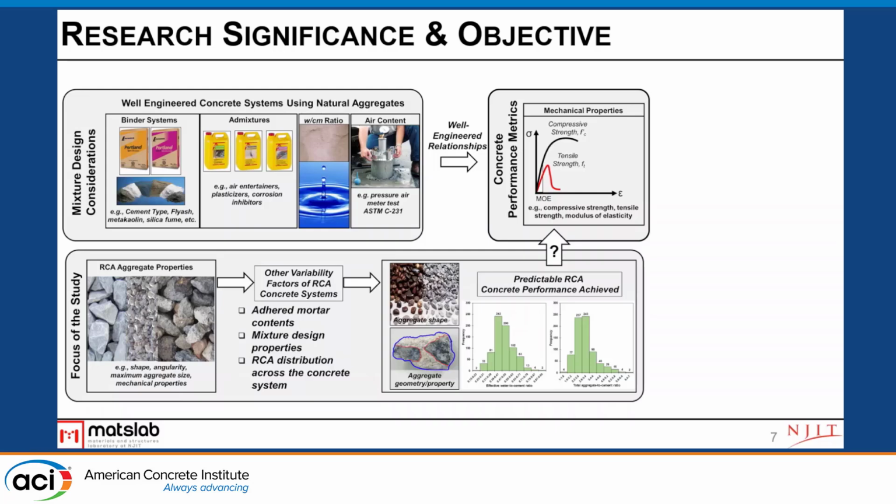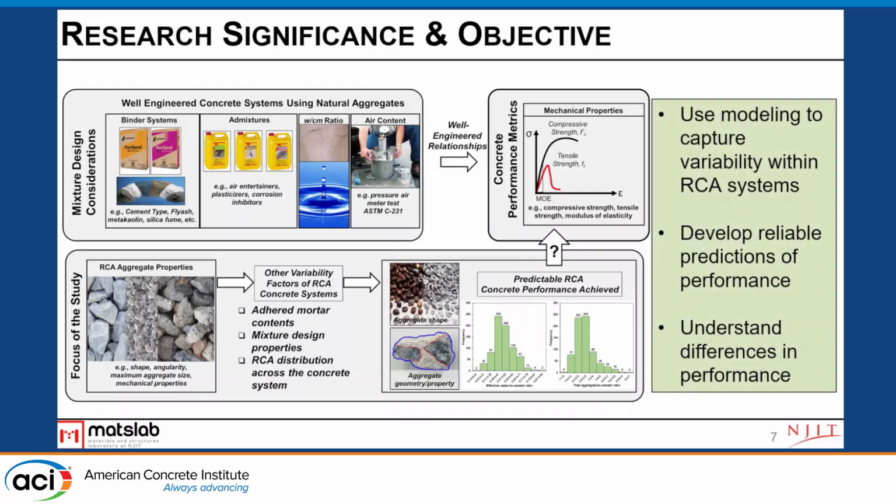We don't have that same information with recycled concrete aggregate, and because we can't control things like orientation and amount of adhered mortar, which are incredibly impactful on properties, it makes it very difficult for us to develop those same engineered relationships.